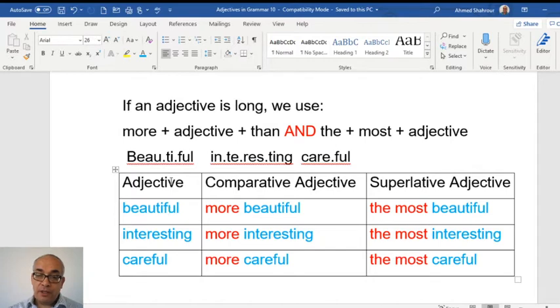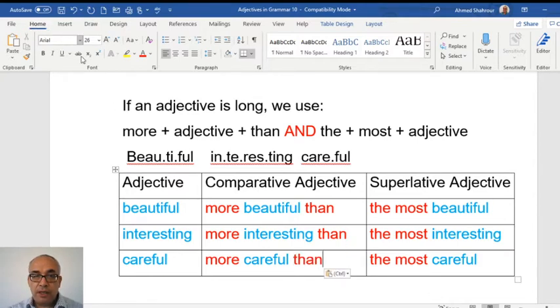So beautiful is the adjective. Because it is long, it has more than one syllable, I have to put more before it. More beautiful. Of course, again, don't forget to put than. You have to put than again. I make it for you here. The adjective is what?